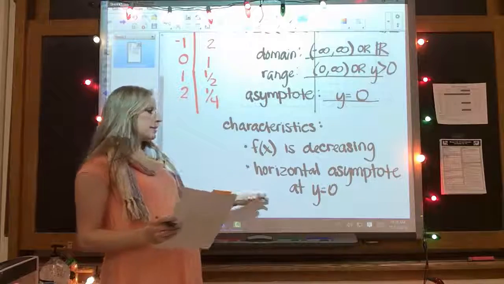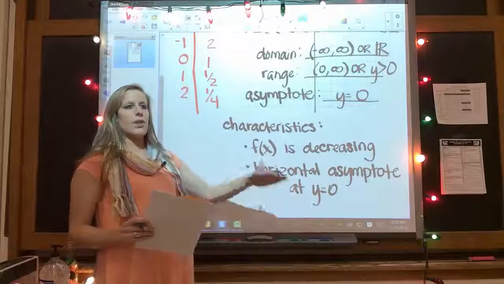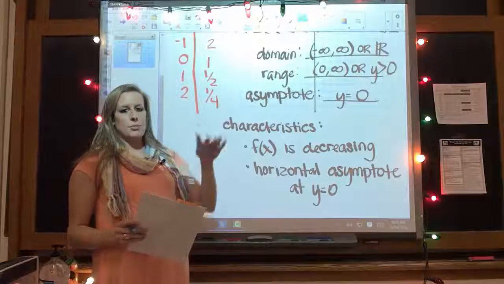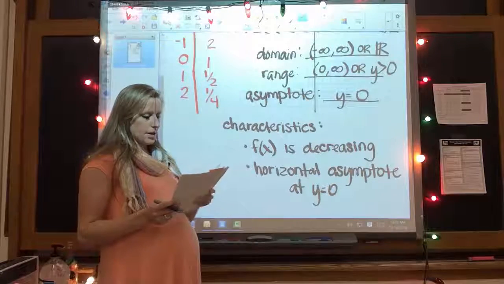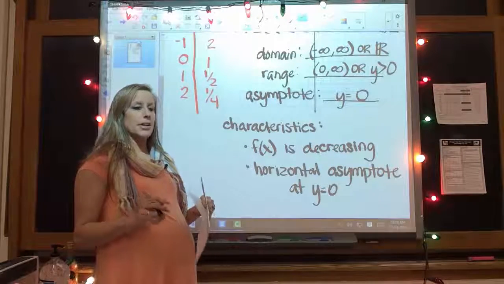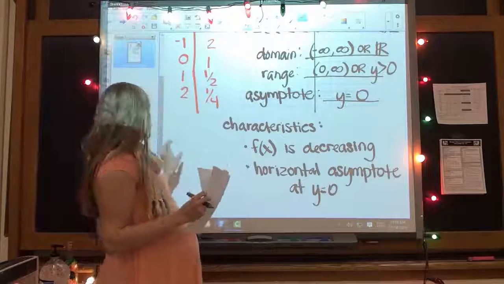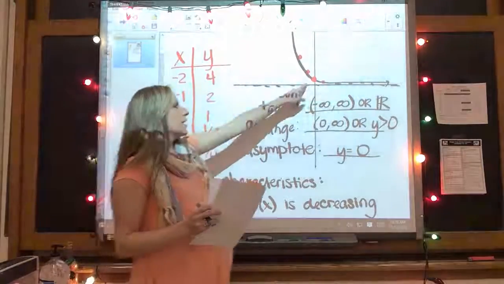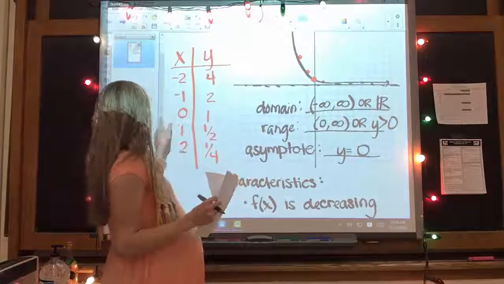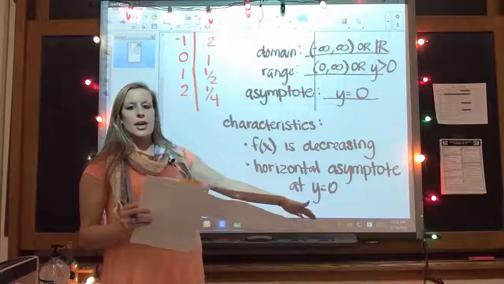And that horizontal asymptote will always be at y equals 0 until you start moving it up or down. Okay, so the base doesn't really matter. You'll always have that point at (0, 1), and you'll always have a horizontal asymptote at 0.